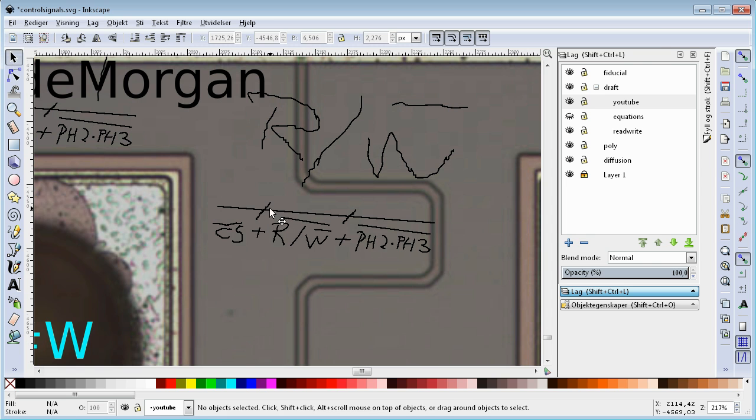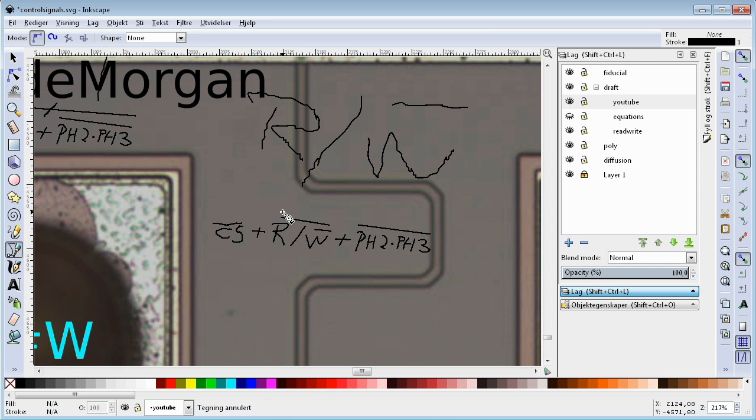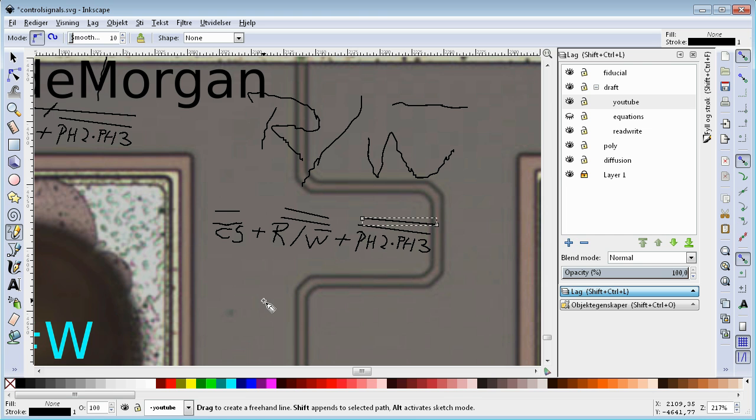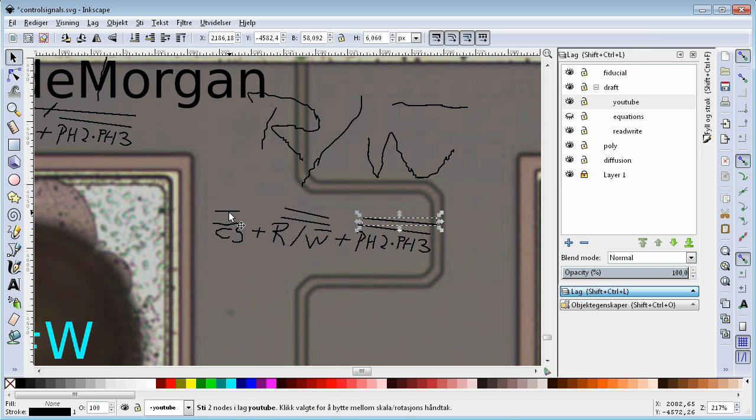So this is the continuation. You split the bar, and then you can see here that double negated equals not negated, so we can actually remove all those doubles.